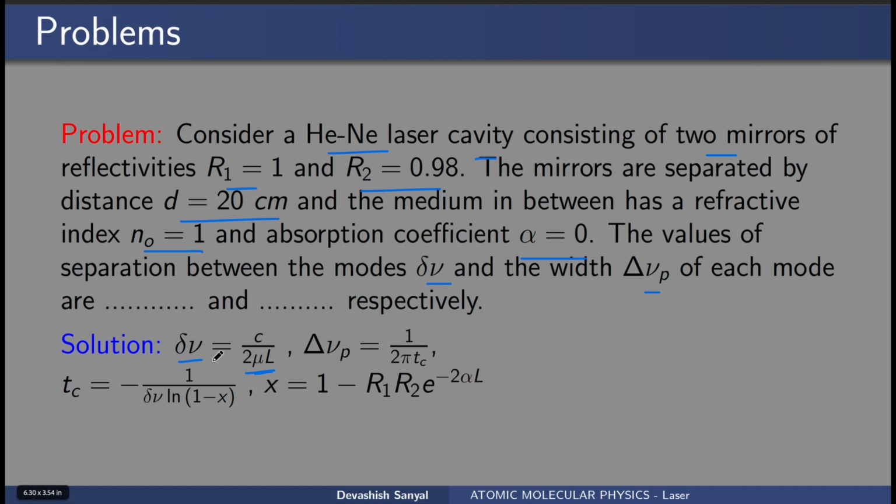And Tc is equal to 1 by delta nu ln of 1 minus x, where x is 1 minus r1 r2 plus twice alpha L. So r1 is given, r2 is given, alpha is 0, and from there we can find Tc. Delta nu we have already found out. So from here we can find the width of each mode, delta nu p.